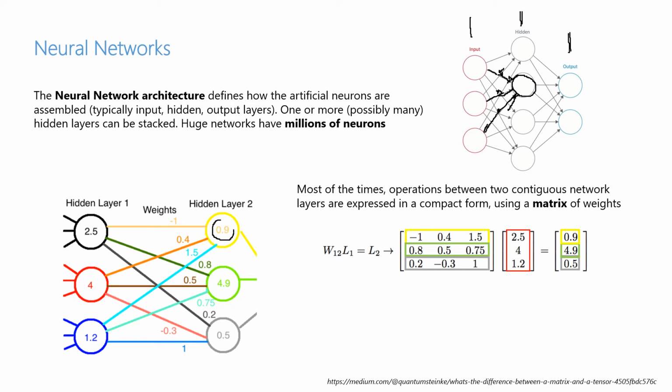If we look at this neuron and we consider all the inputs, we have 3, and each one is multiplied by the weight that we see here on the arrow, and then the total is calculated, and the total is 0.9.